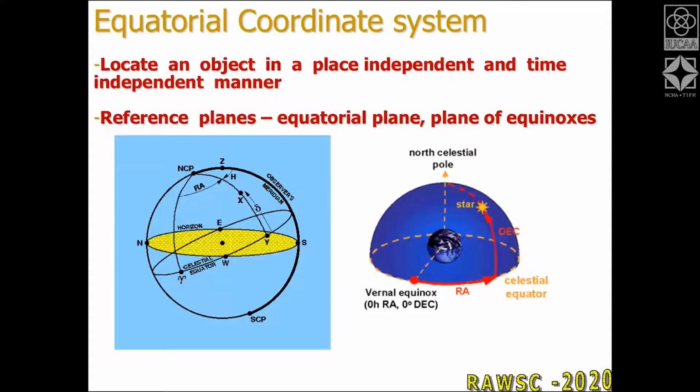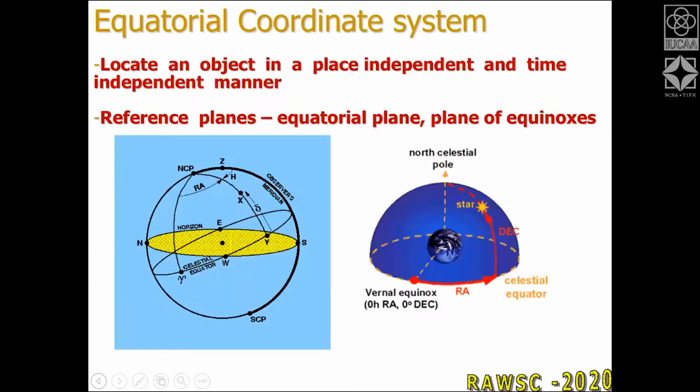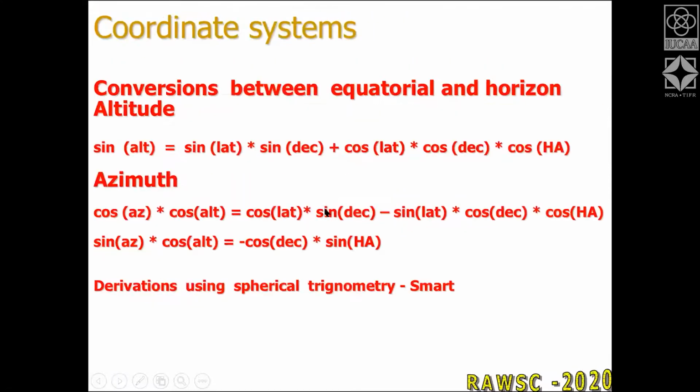Now, stars are specified in equatorial coordinates, but to look at them, you need to go to the horizon coordinate system. So how do you resolve this dilemma? Any guesses? Coordinate transformation. Okay, good.